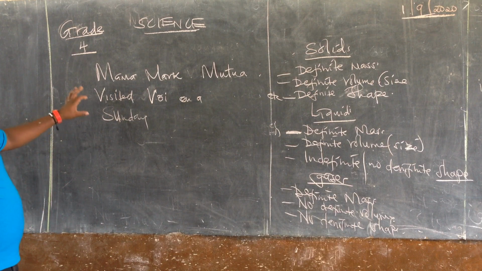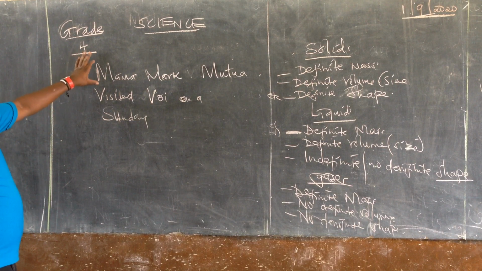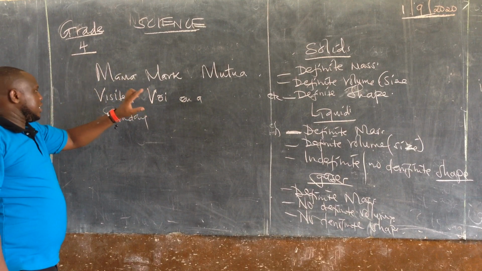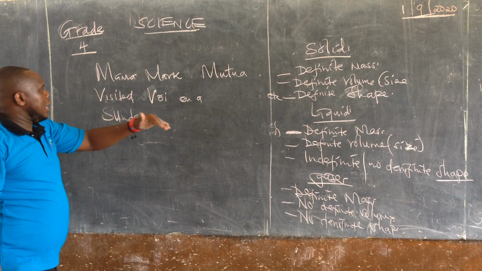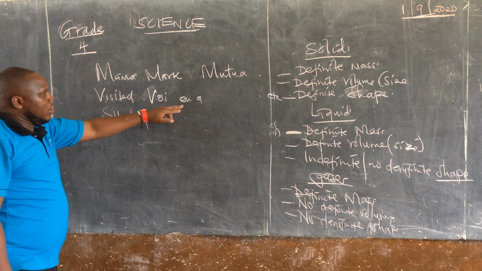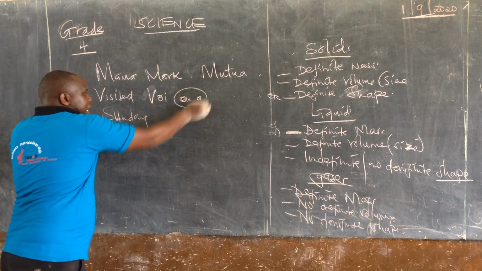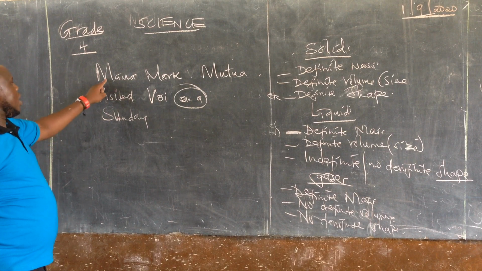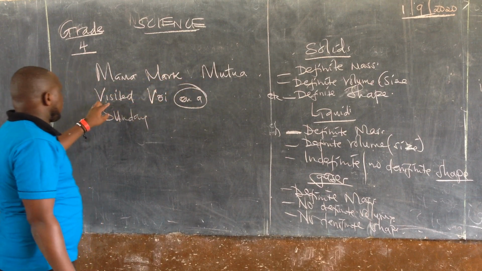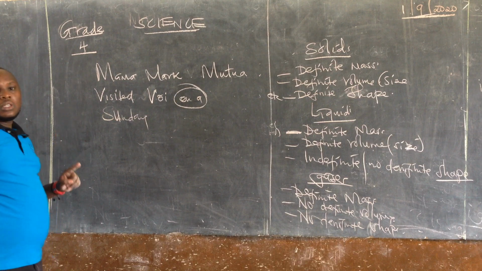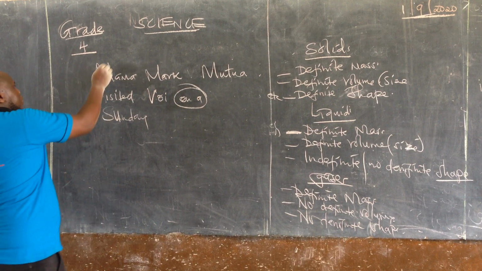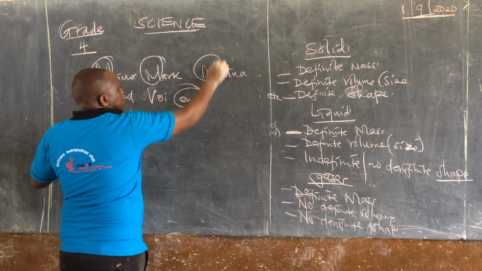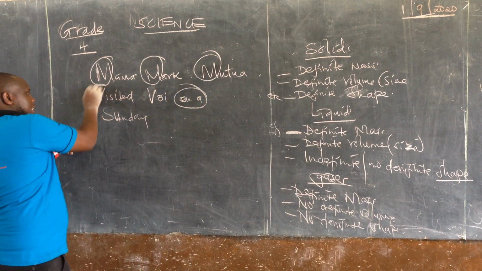These wordings are very, very important. I want us to get this first. Mama Mark Mutua visited Boy on a Sunday. Don't place this anywhere. I'm only interested in the first six words, the first letters of each word.